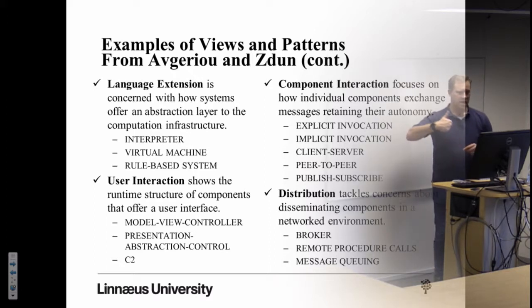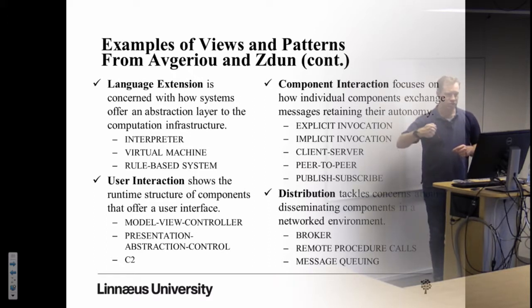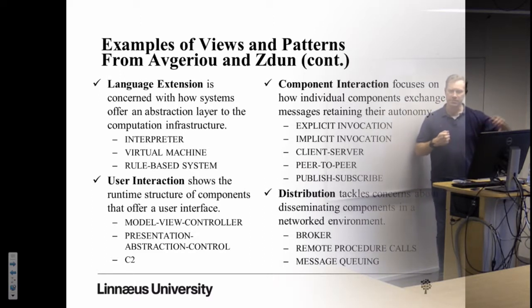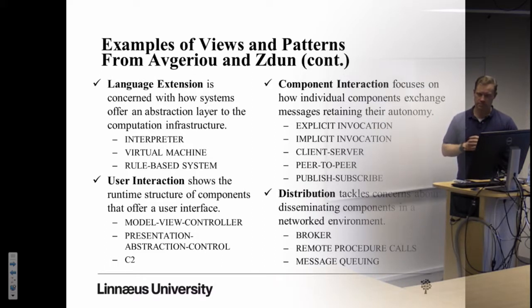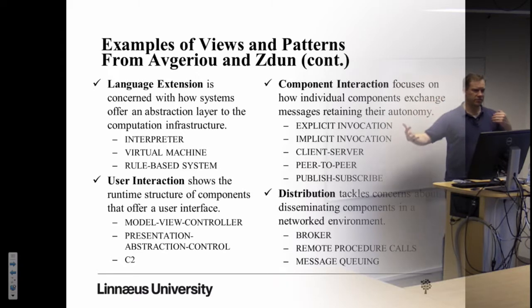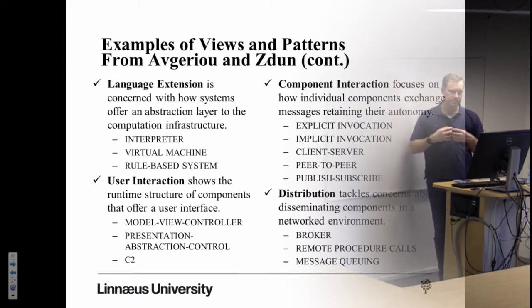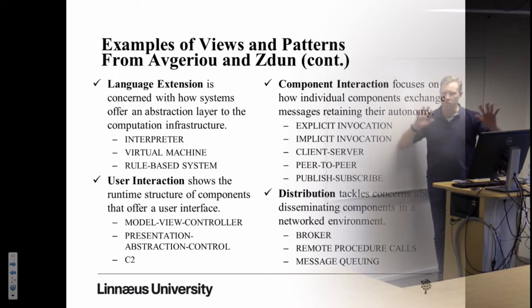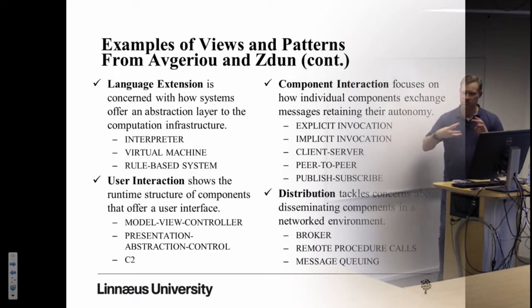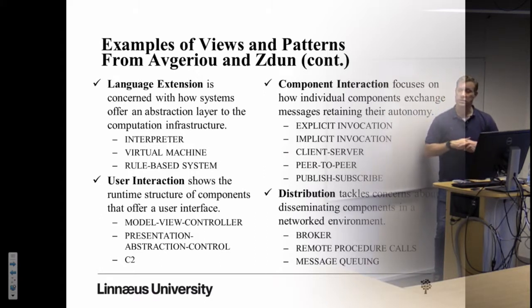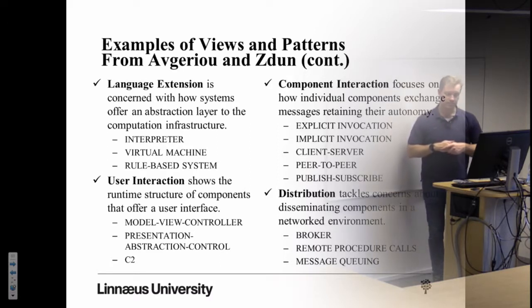We can have a message invocation explicitly calling a method, or we can have an implicit one. We can organize the system as a client and a server talking to each other. We can have a peer-to-peer, and we can have publish-subscribe. There are various ways of addressing different aspects of how components or subsystems in our system interact.